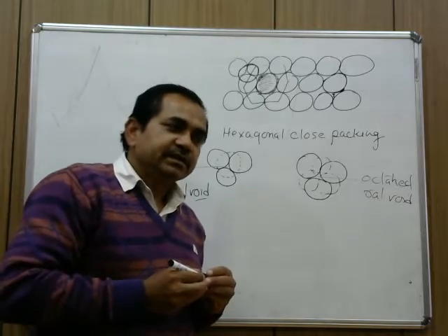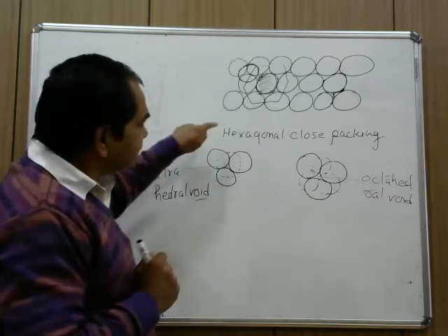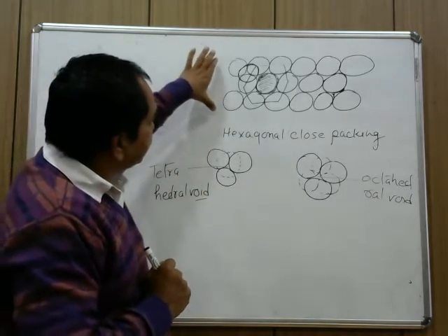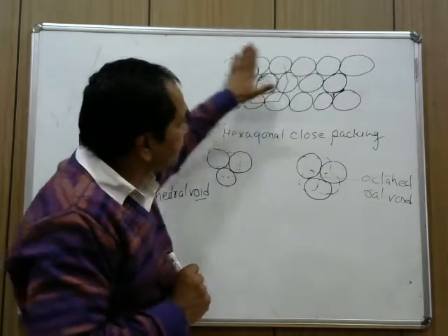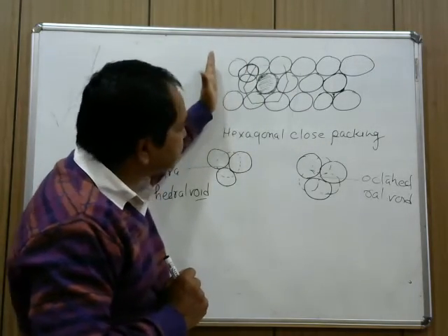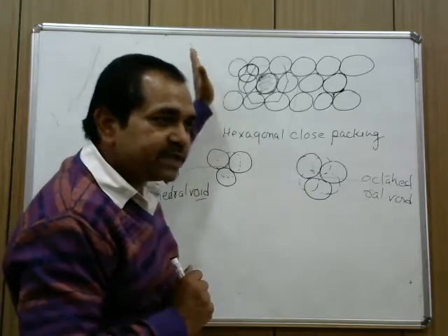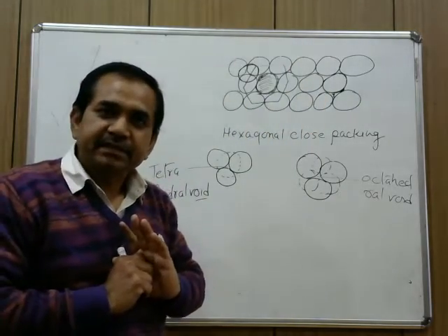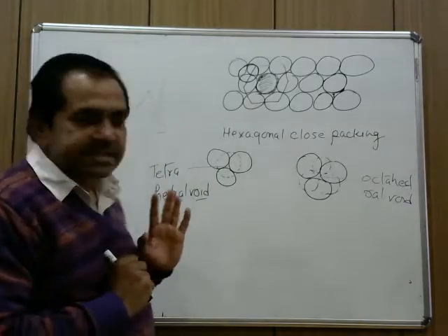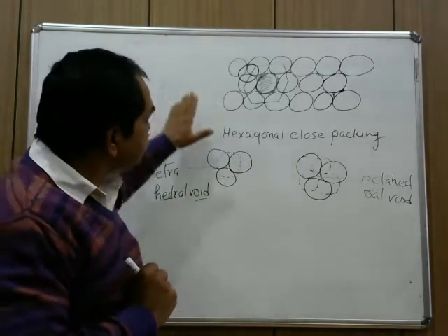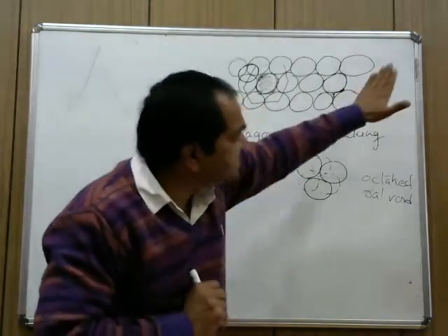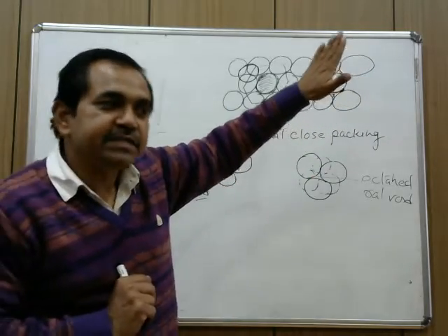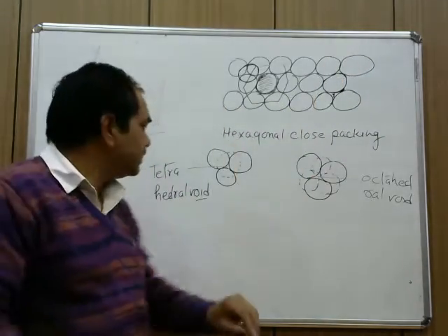So in hexagonal close packing, when there is only the first row, a two-dimensional packing, the first row of spheres has only one type of void, that is tetrahedral voids. But once the stacking of the second row of spheres is complete, the second row has two types of voids.